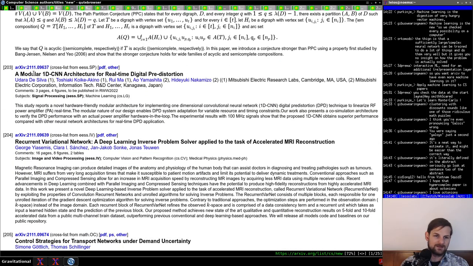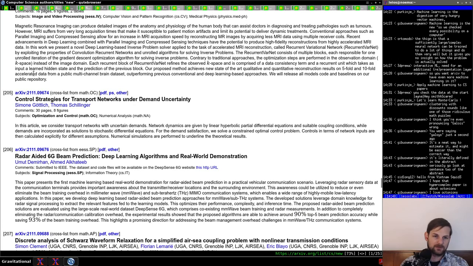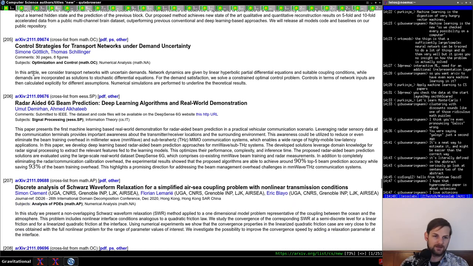Modular 1D CNN architecture for real-time digital pre-distortion, recurrent variational network, control strategies for transport networks under demand uncertainty, radar-aided 6G beam detection. I think we saw this up above, didn't we? 6G beam detection. What is a 6G beam? Is this like, maybe it's a step up from 5G, but I think it's actually something else entirely.